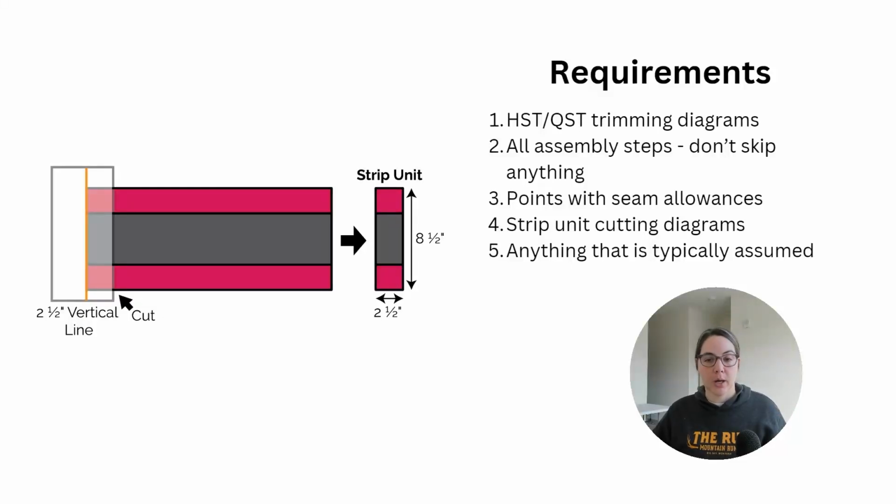So if you've got a blog post about how to trim strip units, you can put a QR code to that if it's a print pattern, or just hyperlink it in your PDF digital patterns and say, hey, if you haven't done this before, here's a quick tutorial on how to do it. And so beginner quilters can take advantage of those things if they need to, and it doesn't pad your pattern with all of this excess information that can be really frustrating for more advanced quilters. It's there if the beginners need it, but it's not there for the people who don't need it.